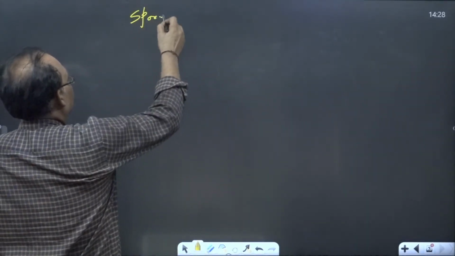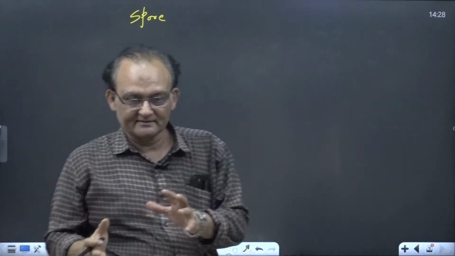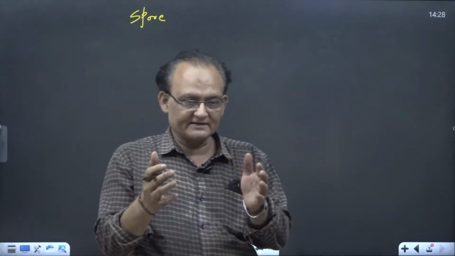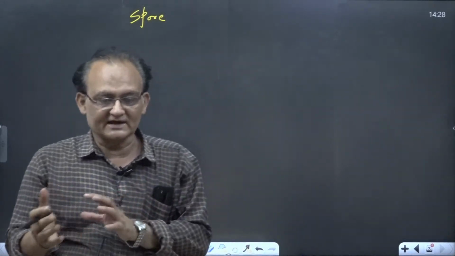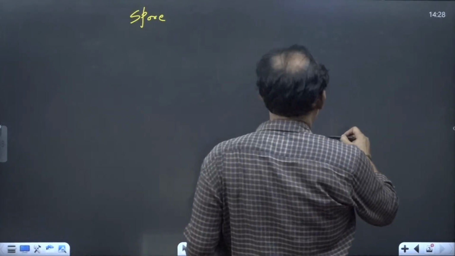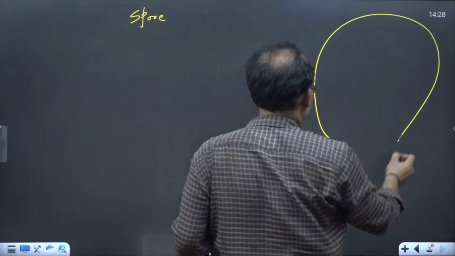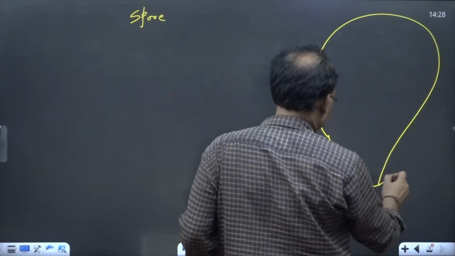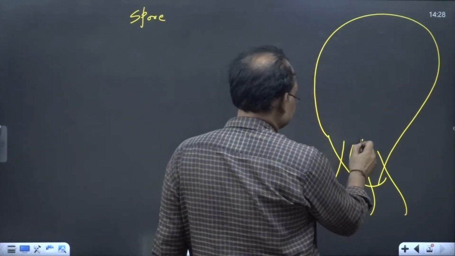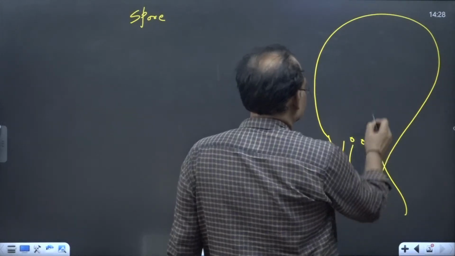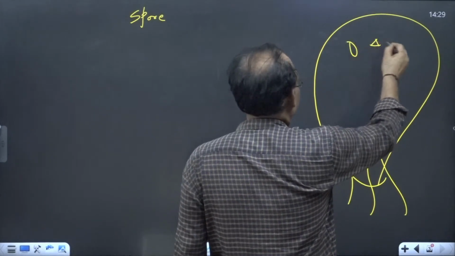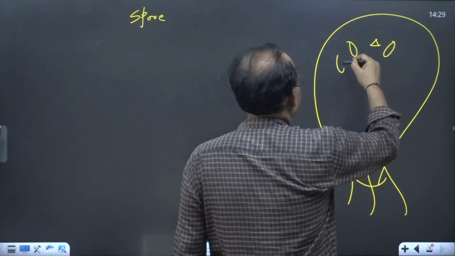Spore germinates, right? When a spore comes out, it germinates to form an independent structure called prothallus. And the prothallus structure is like this. Here there is the antheridium, then there is the apical notch here, and then the archegonium is present like this.